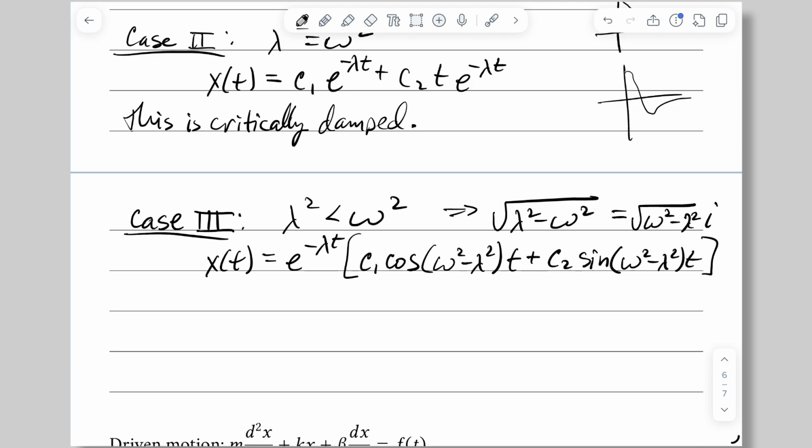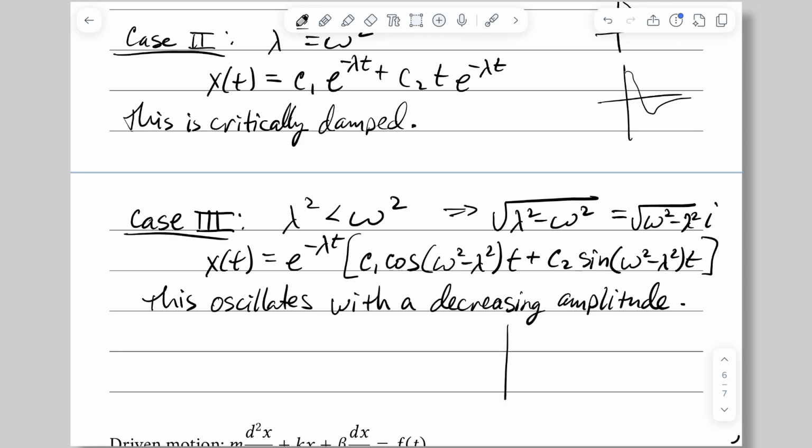Because of the presence of the sine and cosine, this does oscillate. And because of the e to the negative lambda t, lambda being a positive number, it oscillates with a decreasing amplitude. So a picture for a system like this might be oscillating, but then getting closer and closer to equilibrium. I didn't draw that right, because the period shouldn't be changing as it gets closer and closer to equilibrium. This one is called underdamped.